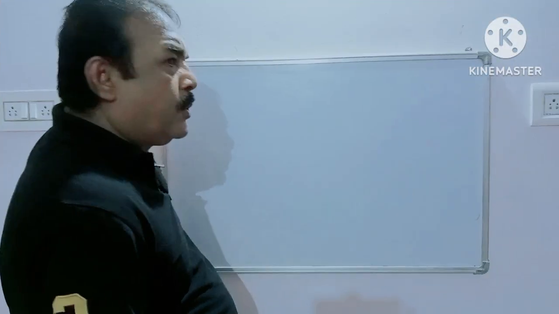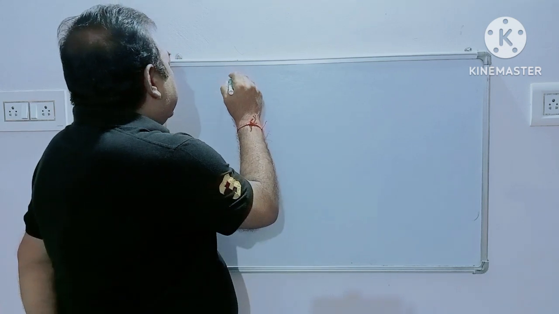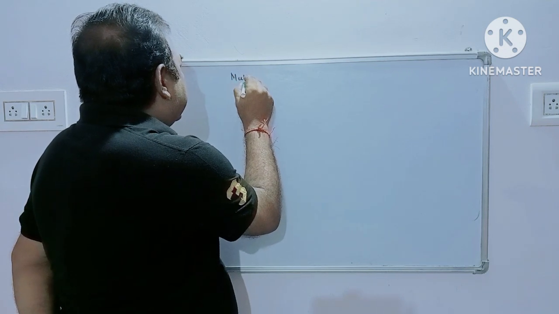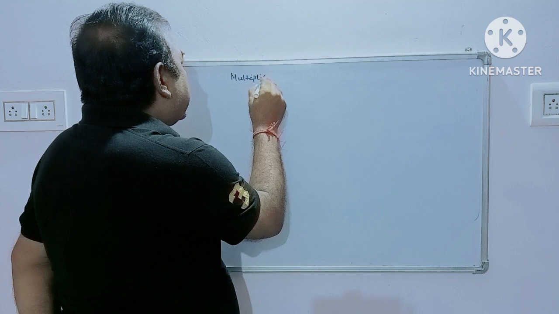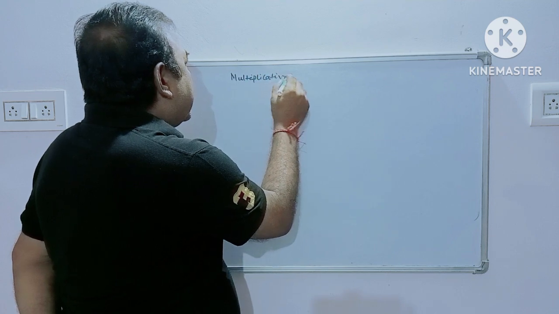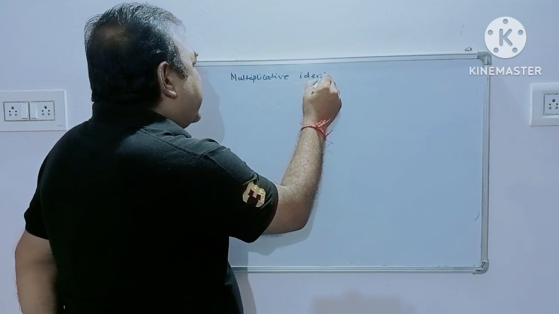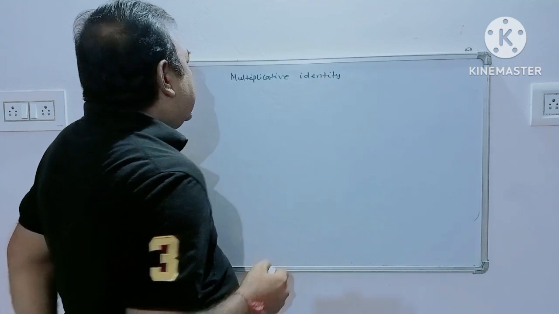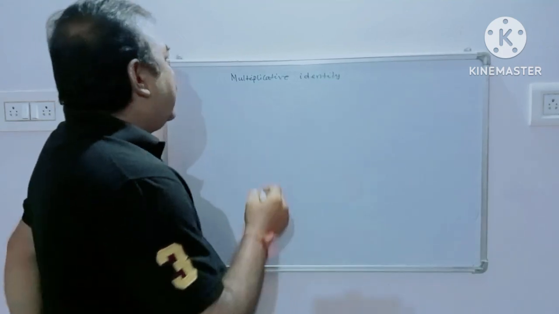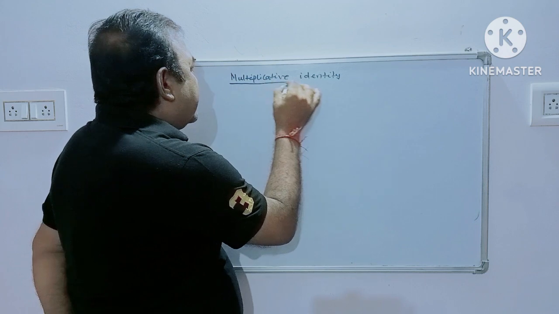So let us know about the multiplicative identity. So there is the existence of multiplicative identity.